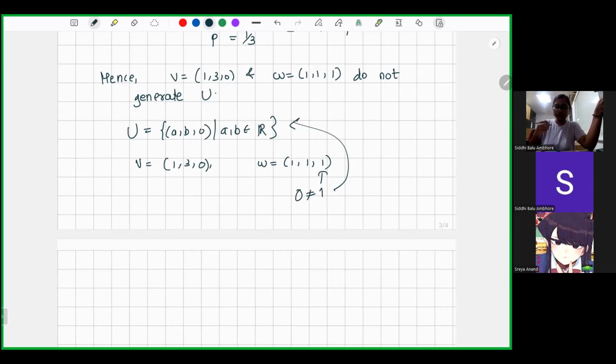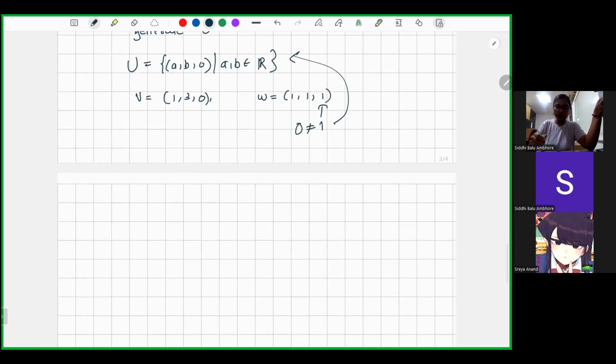So if I look at the linear combination of V and W inside my subspace U, it will just be KV plus 0W.